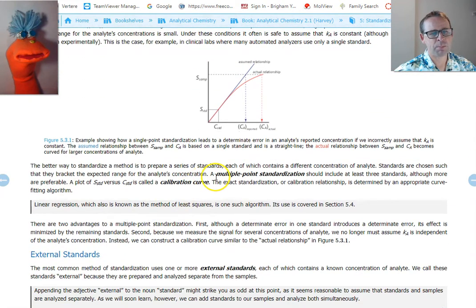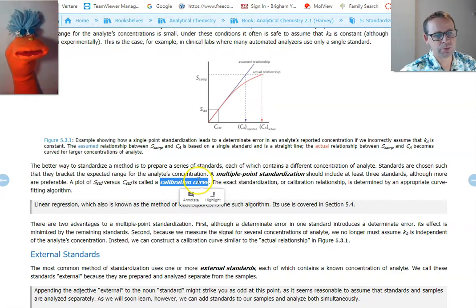So we want to have a multiple point standardization, which we call a calibration curve, which we've talked about already and which you are familiar with from Chem 106, but just in case, we'll mention it again.